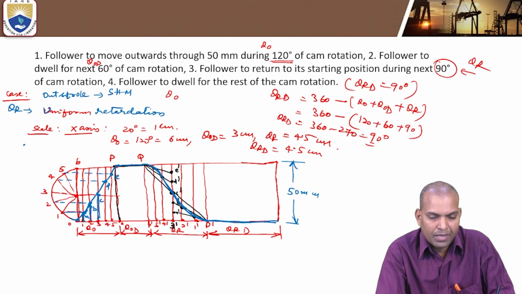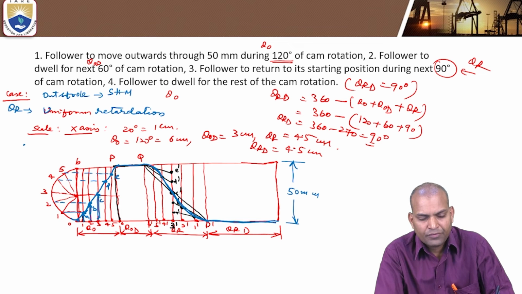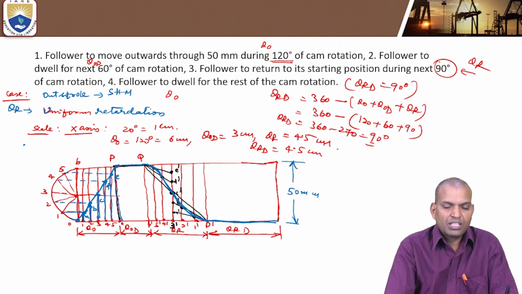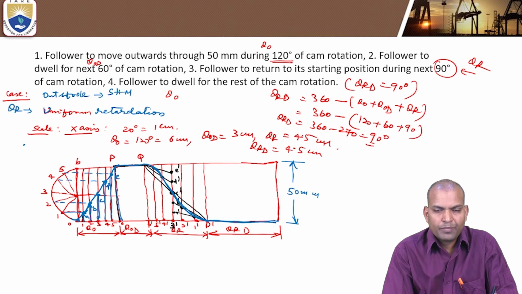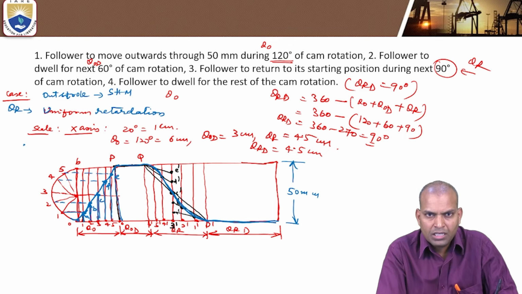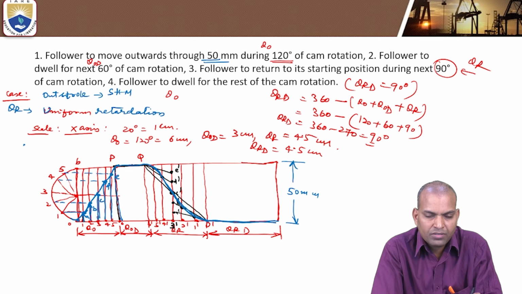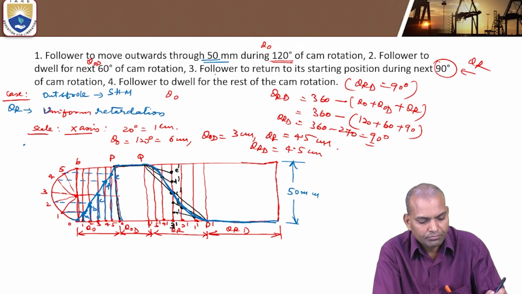For 60 degrees of cam rotation, the rising of the follower is the distance from 3 to C. And for the next 20 degrees, the rising of the follower is 4 to D. For the next, it is 5 to E. For the next, it is 6 to P. So this 6P is the maximum rising of the follower during the outstroke, which is 50 millimeters.